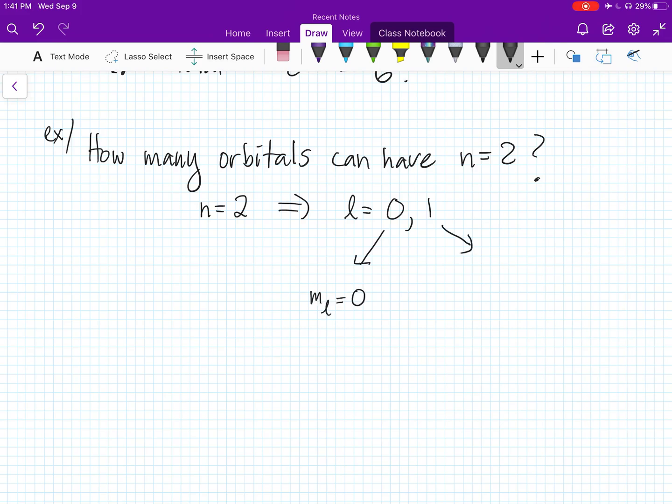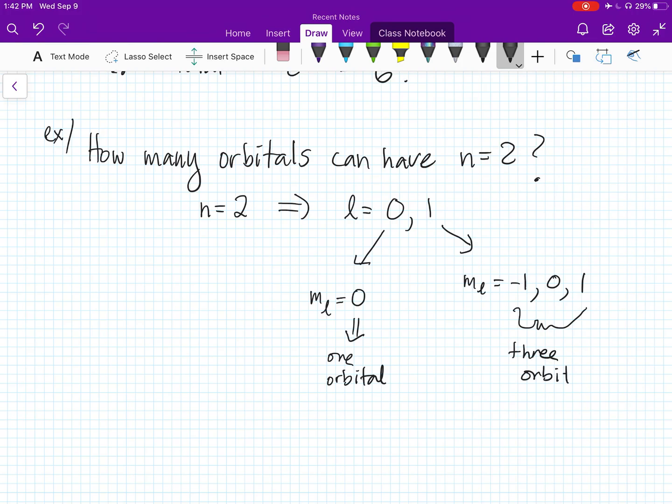And if L equals 1, then m sub L could take 3 possible values, minus 1, 0, or 1. So the fact that there's only one value for m sub L here means that there's one orbital. The fact that there are 3 values of m sub L here means that there are 3 orbitals.